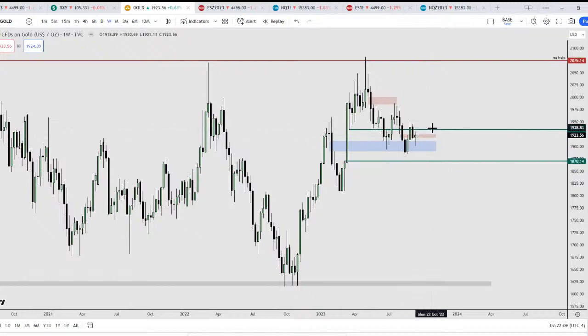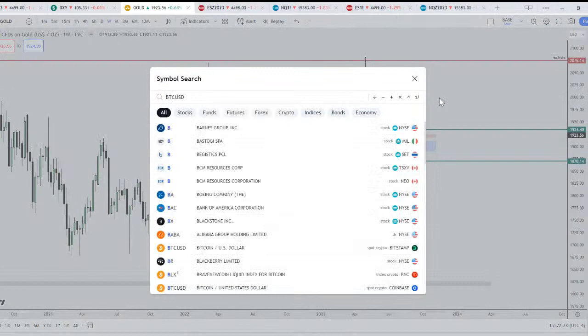If you're really bullish, you don't really want to see it stay within this inefficiency after taking out a sell stop. So right here, gold is consolidating, but I think overall it's bearish because the dollar is bullish. So I'm going to lean bearish on gold.